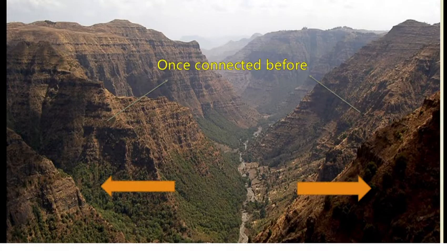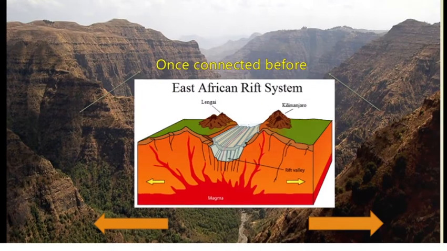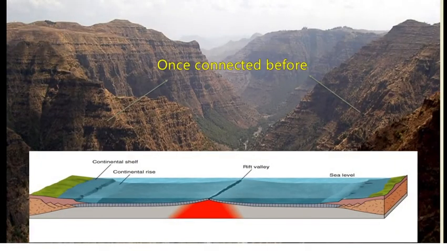And then just like this one, in a million years in the future, these two land masses will be divided by ocean water, like this one.